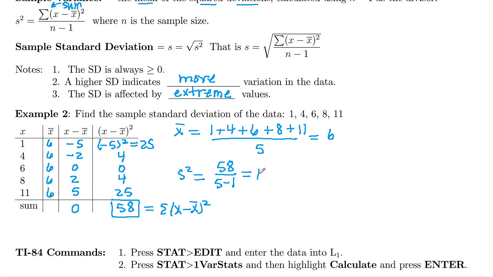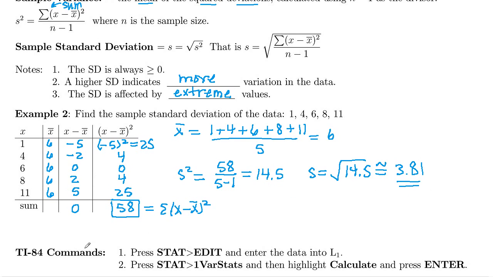If you do the calculator work there, you'll get 14.5 for that value. And then the standard deviation is just the square root of 14.5, which is 3.81 to 2 decimal places. So there is our standard deviation, our measure of variation.